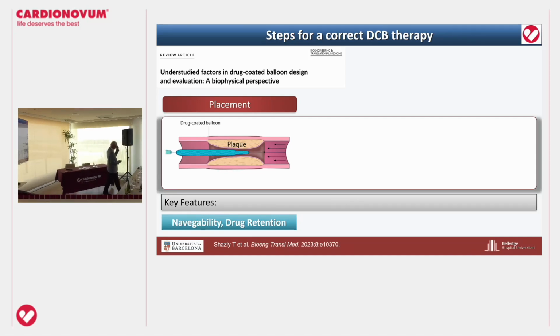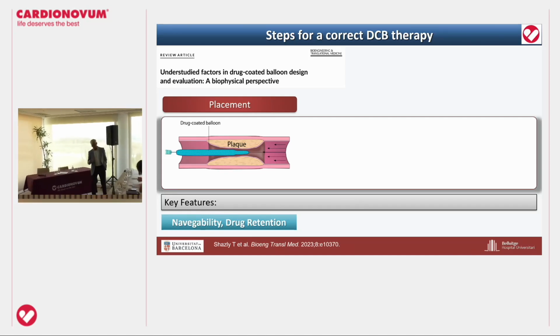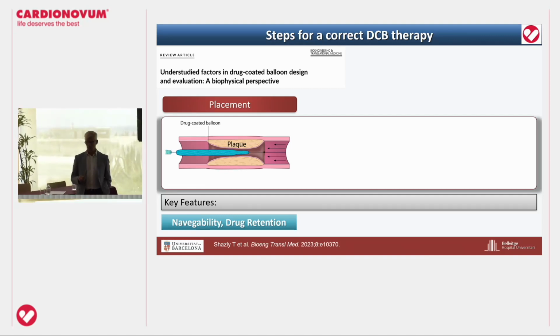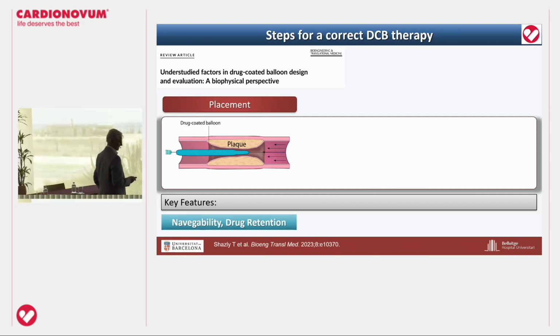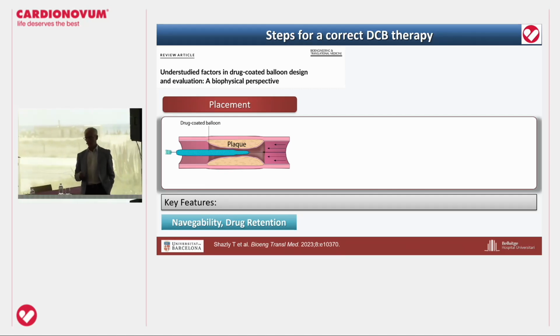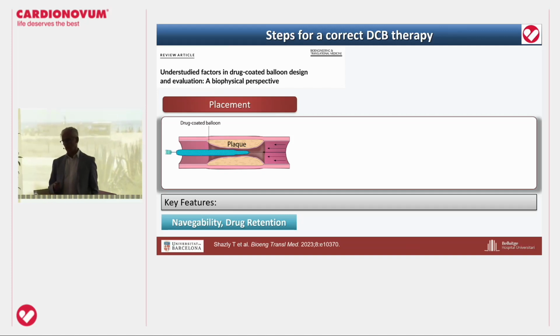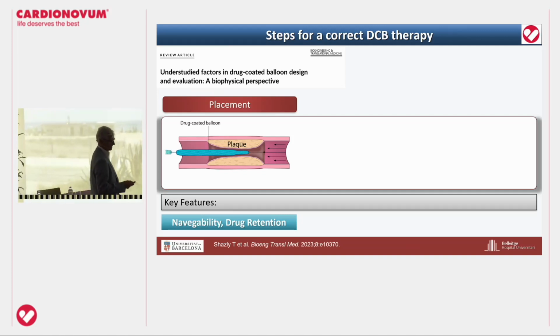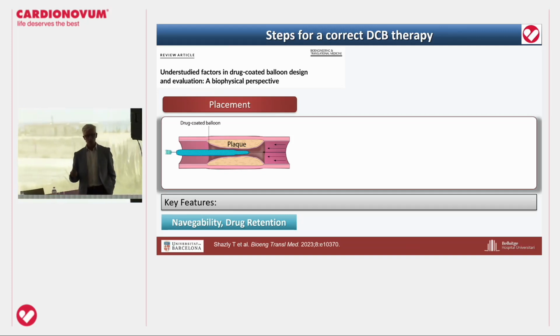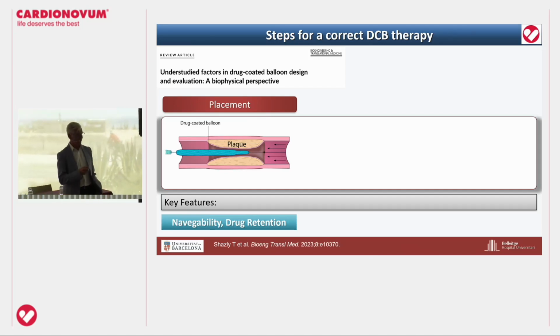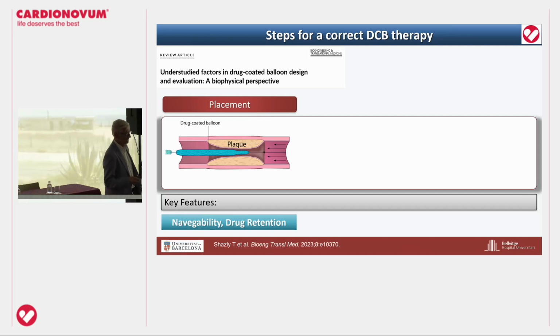First of all, the balloon technology has to be good enough to arrive at the lesion and deliver the drug into the vessel. Years ago, several drug-coated balloons had very bad navigability and crossability.